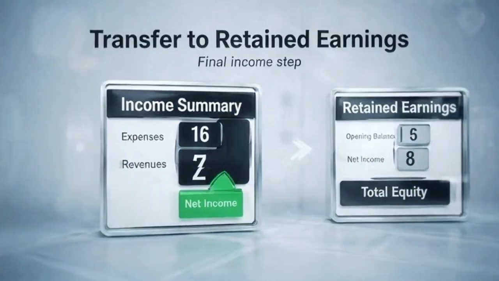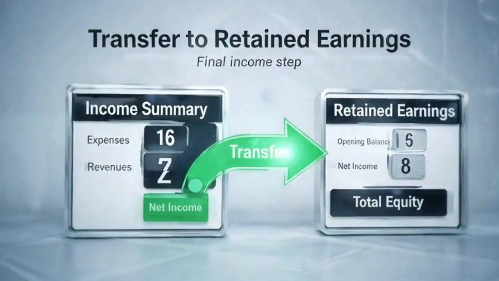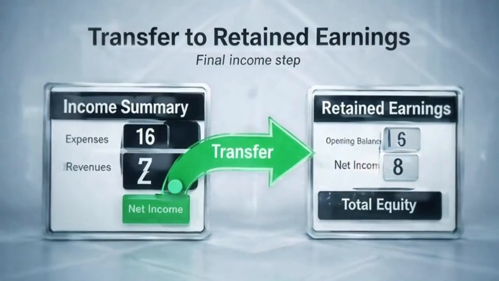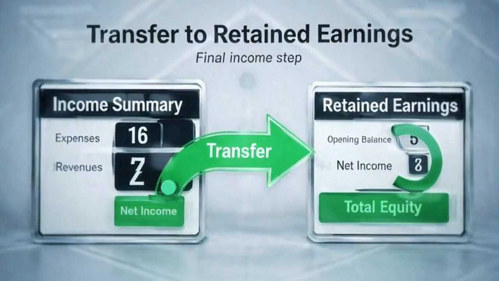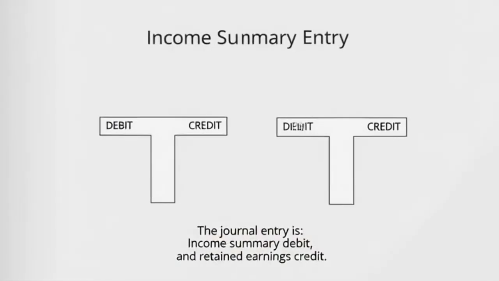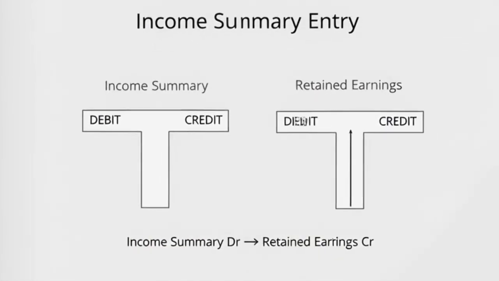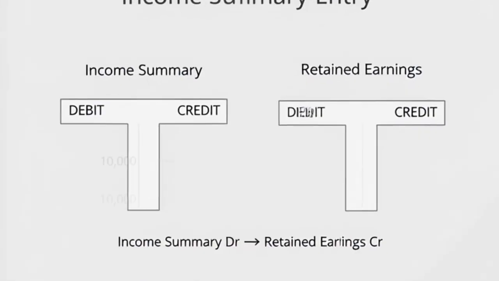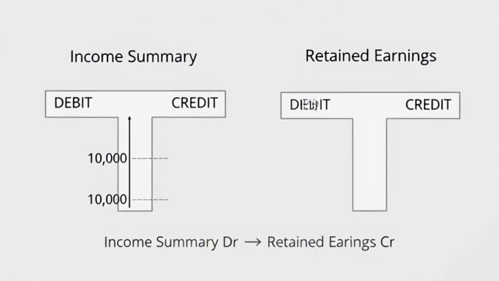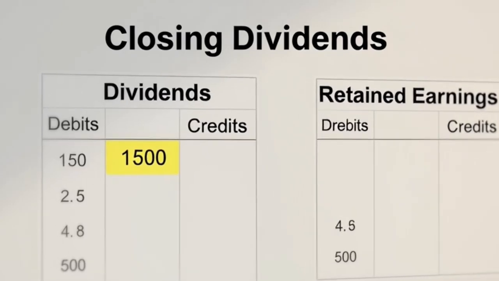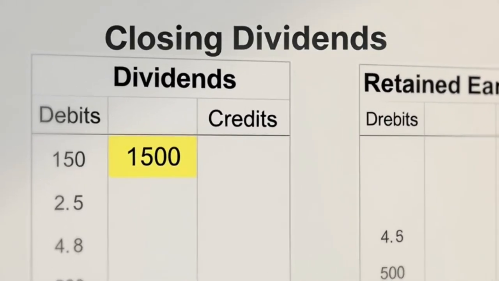The income summary balance is transferred to retained earnings. The journal entry is income summary debit and retained earnings credit. The next step is to close the dividends account to retained earnings.